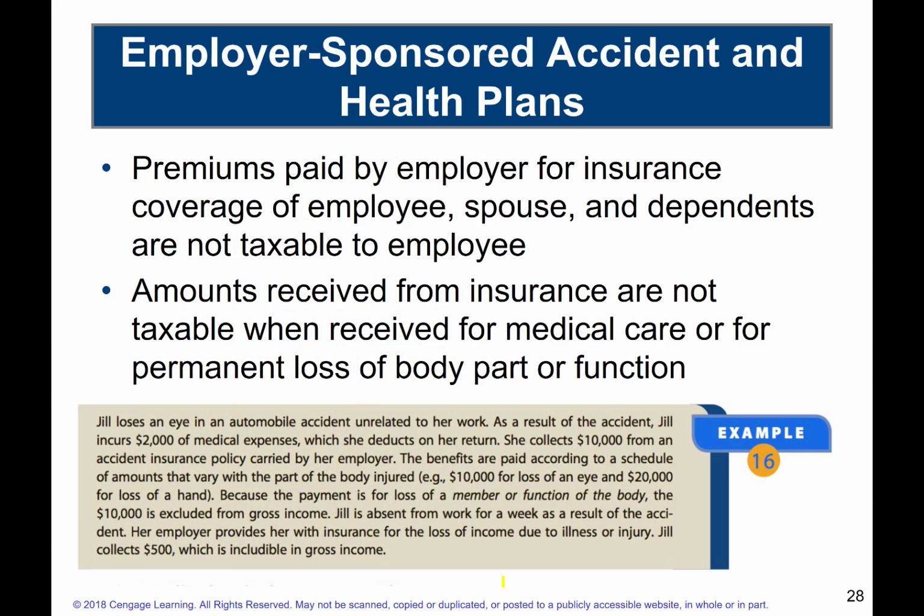Okay, and we're going to find out that it is not. So premiums paid by employers for insurance coverage of employees, spouses, and dependents are not taxable. Now the amounts that we receive are not taxable when used for medical care or for permanent loss of a body function. Okay, and this is the one that, when I read some of these examples, I'm like, gosh, geez, okay, that's horrible.